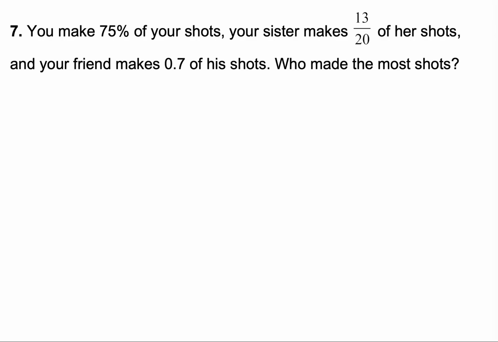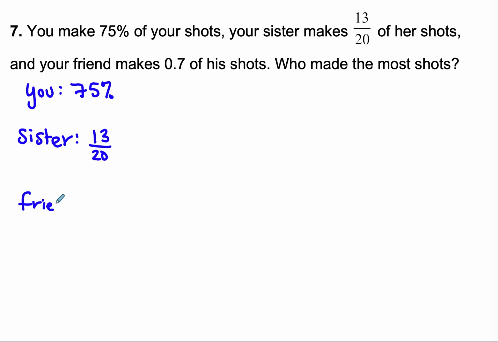All right, let's go ahead and check our answers. Okay, the last one I made them all percents. I think this time I will make them all decimals to compare. So you had 75%. Sister made 13 out of 20.